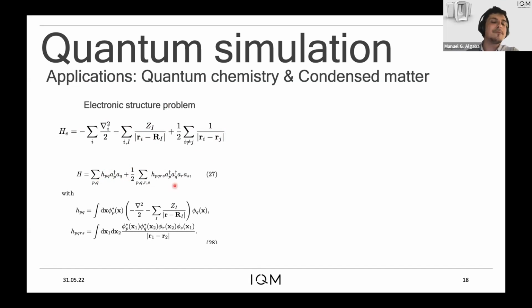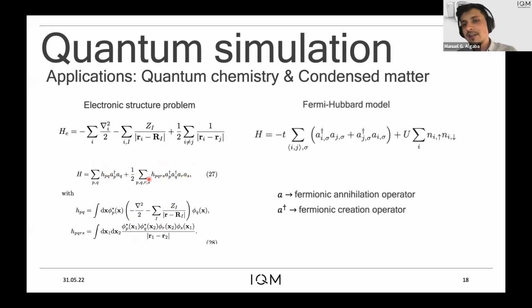This way you can represent a very broad group of Hamiltonians that are used in quantum chemistry. However, these constants look a bit nasty, but okay, it's something we can cope with. The good point is this also represents some very interesting problems in condensed matter, because if you fix some of these constants and the relations between the a's and so on, then you can find something like the Fermi-Hubbard model that is very used in condensed matter physics.